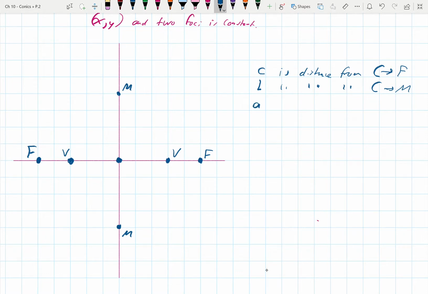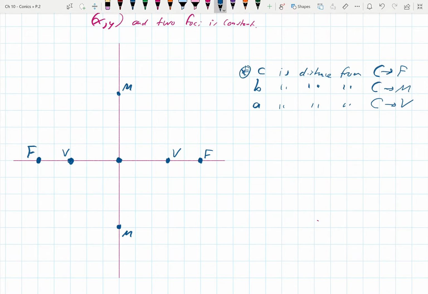And A is the distance from the center to the vertices. So I have little c, little b, and little a. And another change is that in a hyperbola, C is the biggest one of these. A was the biggest one in an ellipse, but C is the biggest one here.